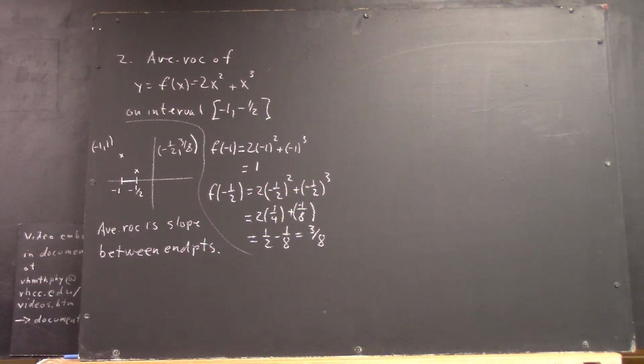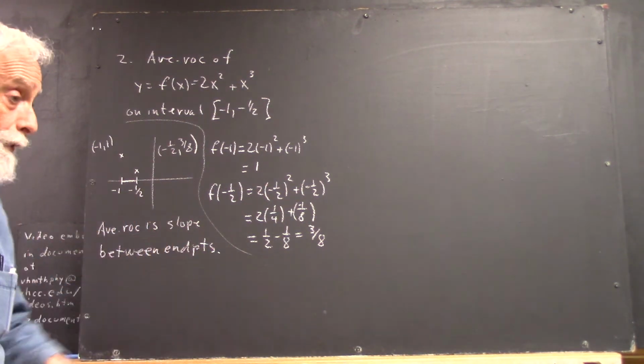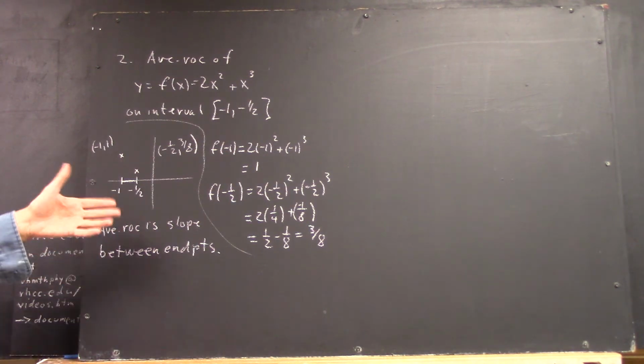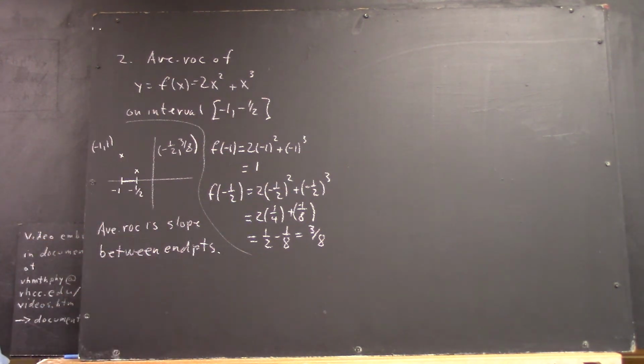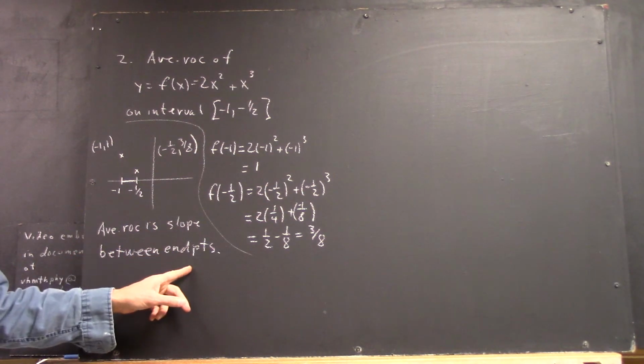An average rate of change is a slope. That's how we define it in this course. There are other ways to define it that I've used in the past, but I kind of like this. At least we're going to see how it works, because you know how to do a slope. You just do the fundamental triangle. So average rate of change is a slope between the endpoints.